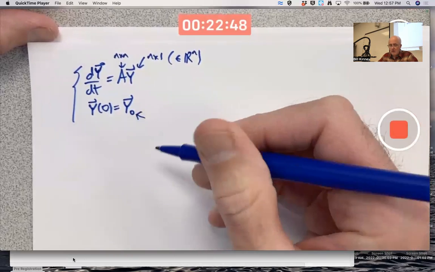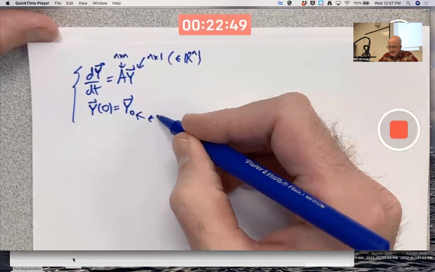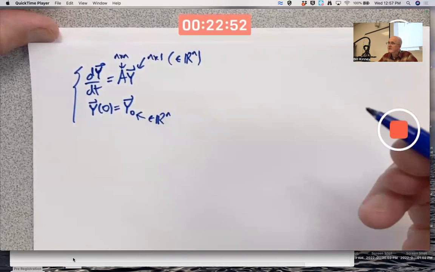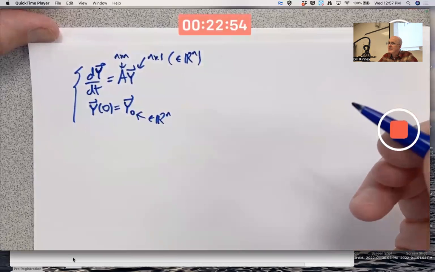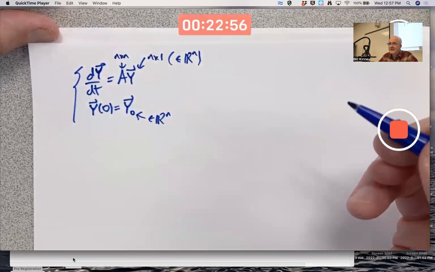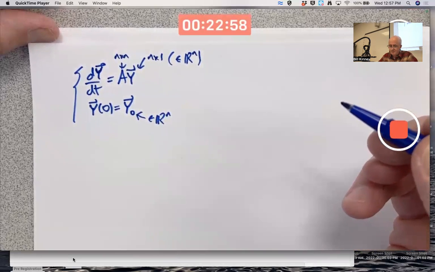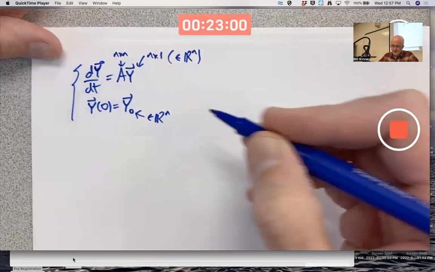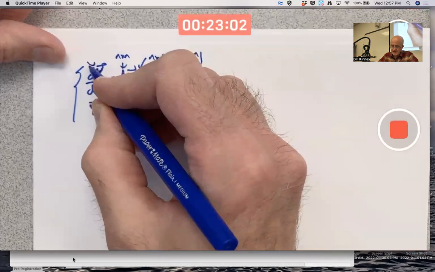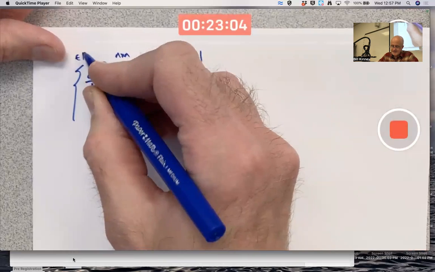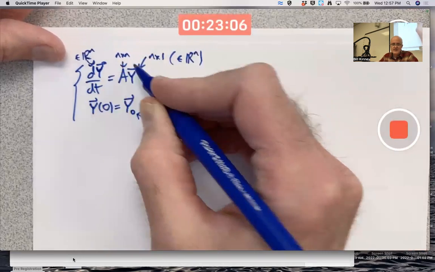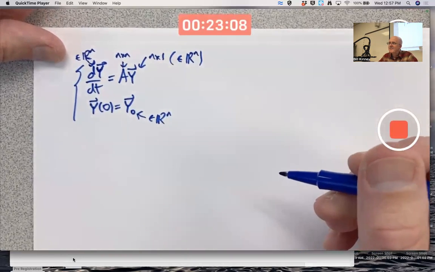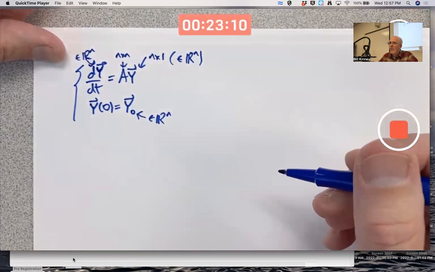Y naught would also have to be an n-dimensional vector, an n by 1 column vector. The derivative there is also an n-dimensional vector. Everything is n-dimensional. The matrix itself is n by n. What is the unique solution of this system?